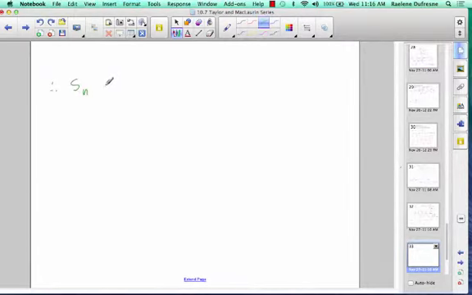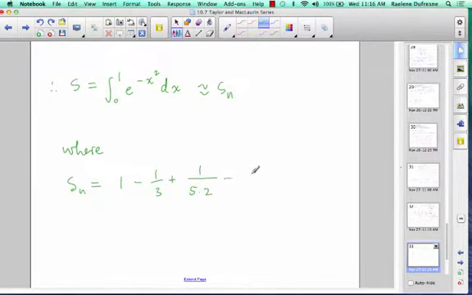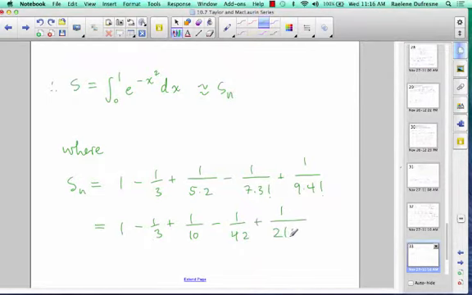Therefore, S is exactly equal to the integral of e to the negative x squared dx from 0 to 1, and will be approximated by Sn, where Sn equals 1 minus 1/3 plus 1 over 5 times 2 factorial minus 1 over 7 times 3 factorial plus 1 over 9 times 4 factorial, which we said was 1 minus 1/3 plus 1/10 minus 1 over 42 plus 1 over 216.